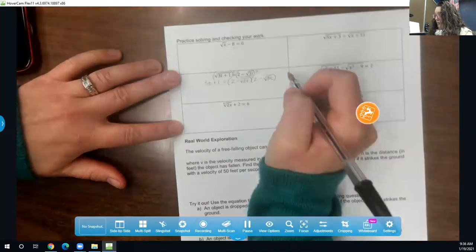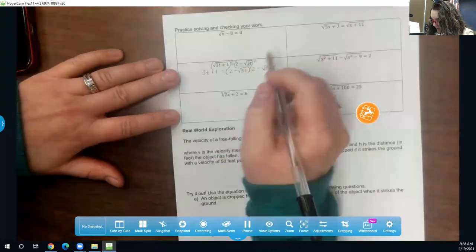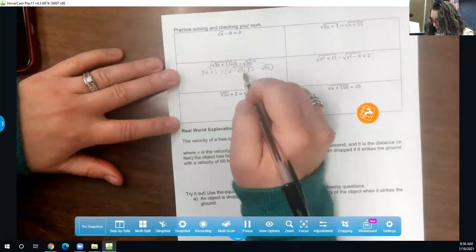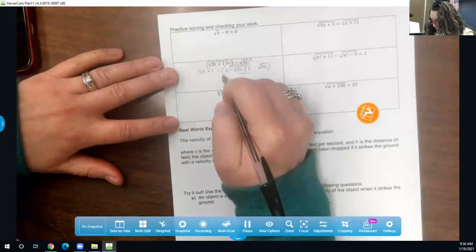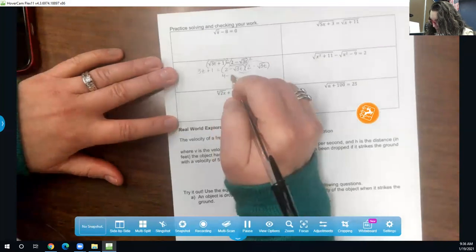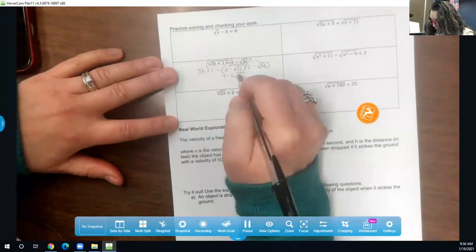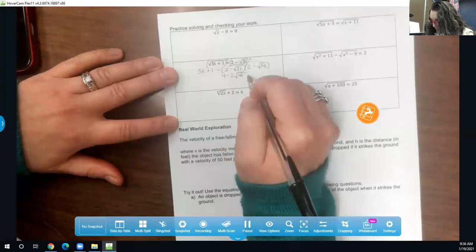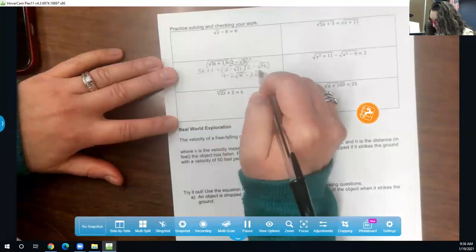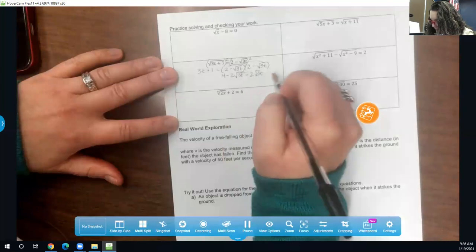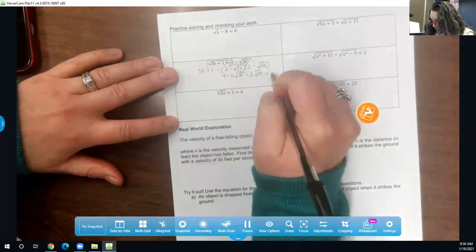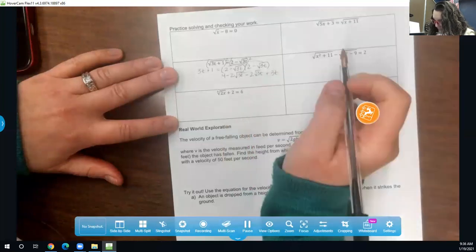So we may have to do a couple of fun things together. So I'm going to FOIL. So I have 4 minus 2 times the square root of 3t minus 2 times the square root of 3t plus 3t, because it pops out, right?